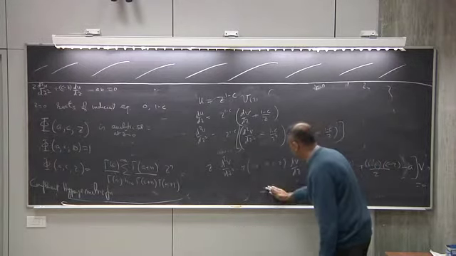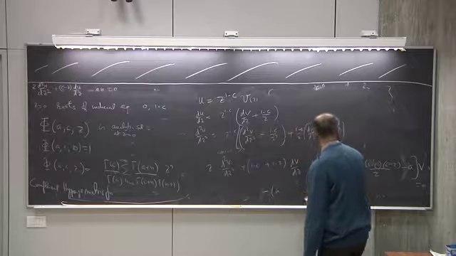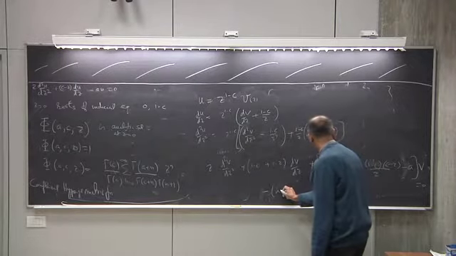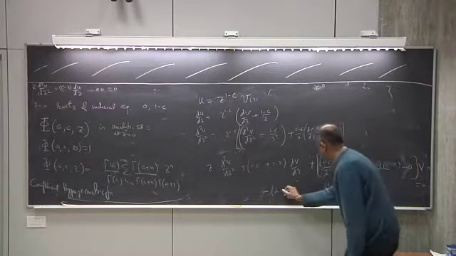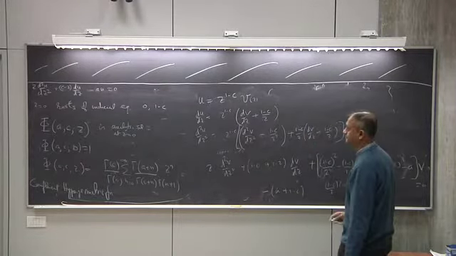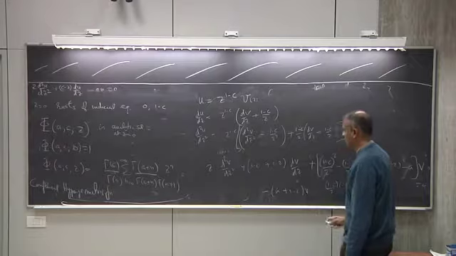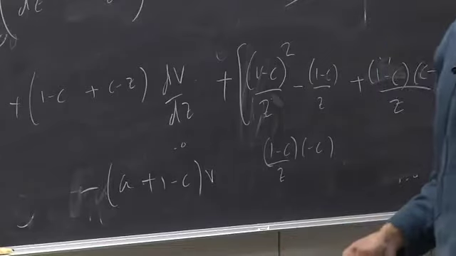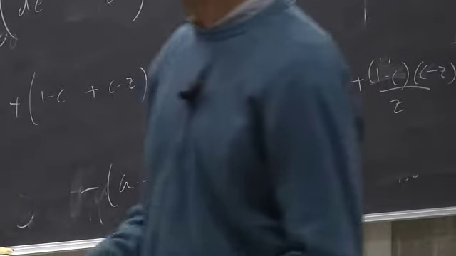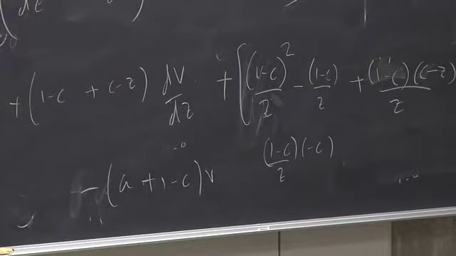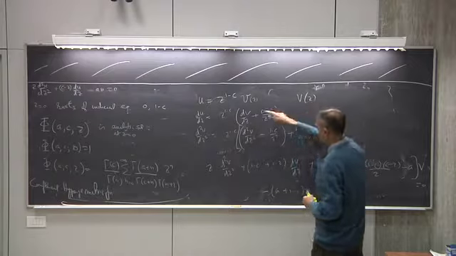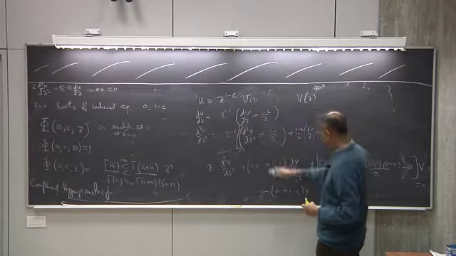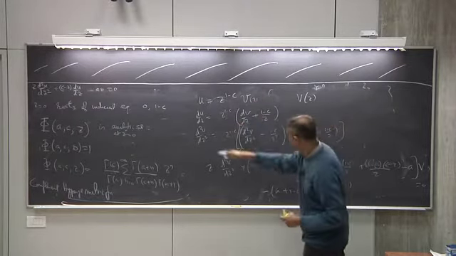If I want to write it the same way, so minus a plus 1 minus c times v. And this c cancels. So basically what we are seeing is v, the second solution. We know v is analytic. And so by just reading off, you see what it is.